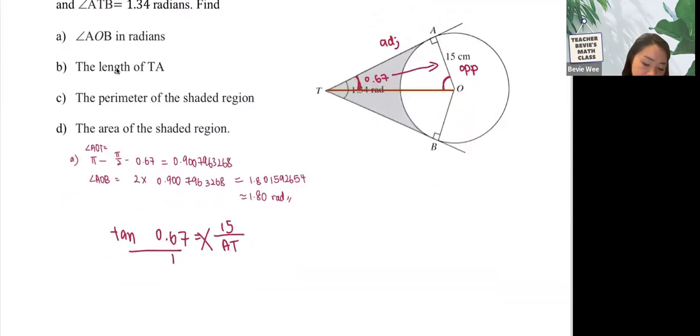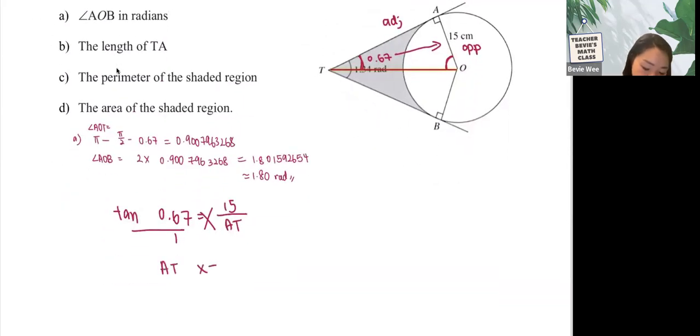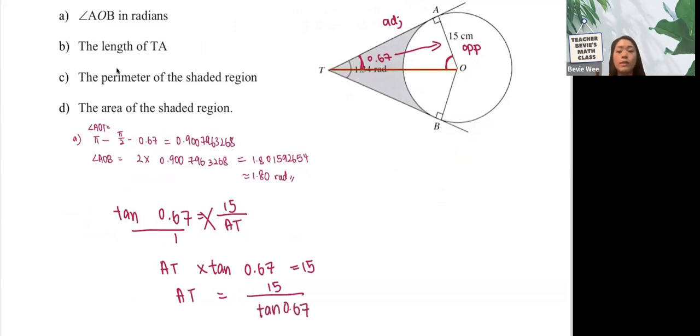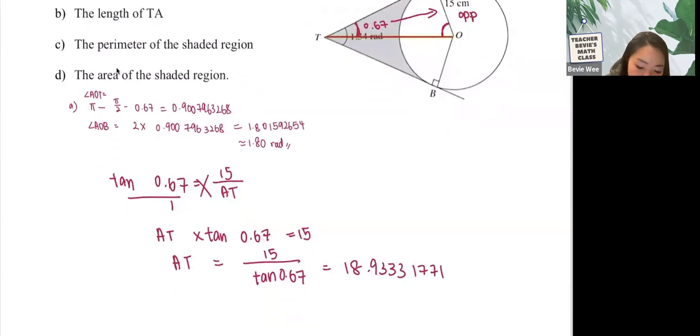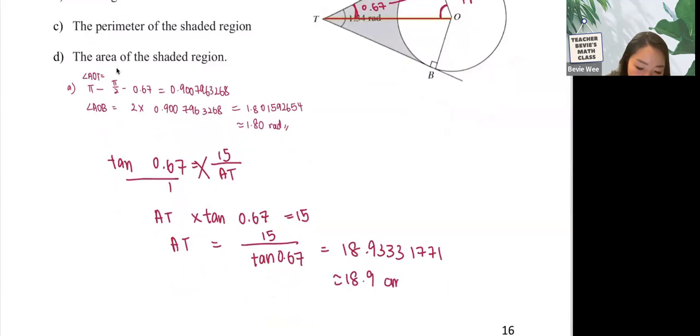Cross multiply. AT times tangent 0.67, it's 15. AT equals 15 divided by tangent 0.67. Cannot press it in your fraction mode. You must press 15 divided by tangent 0.67 like that. 18.93331771. This is your AT, 18.9 cm.